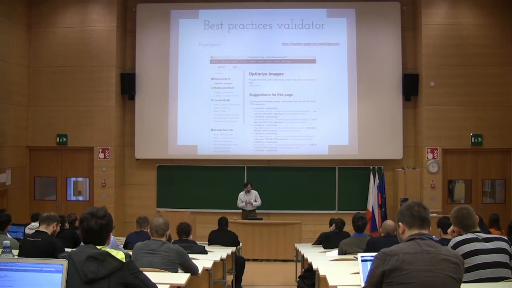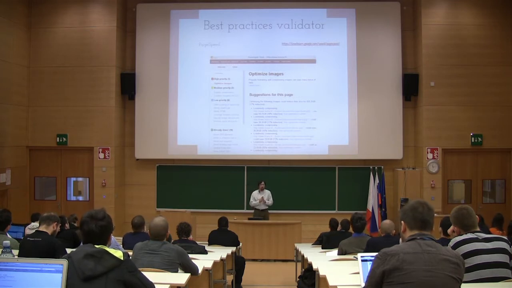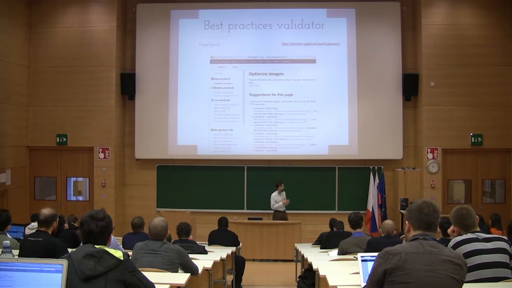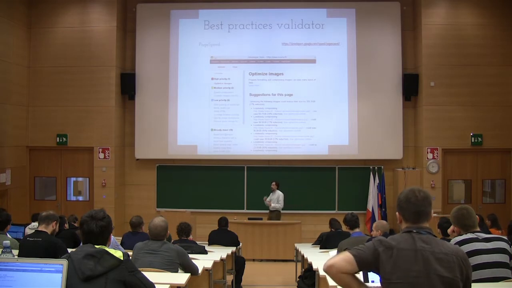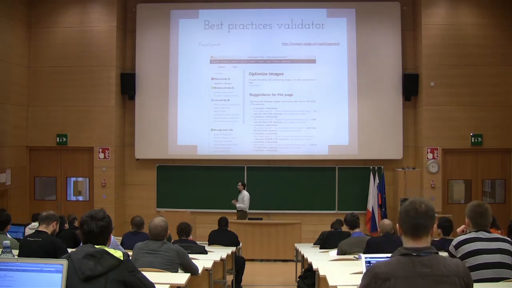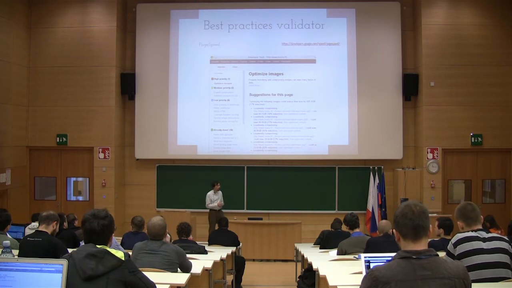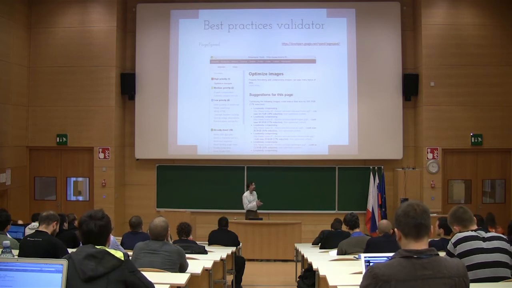There is a tool from Google called PageSpeed, which is basically, I call it a best practices validator. It has a nice collection of rules that it applies to the website, and shows you if something is wrong.